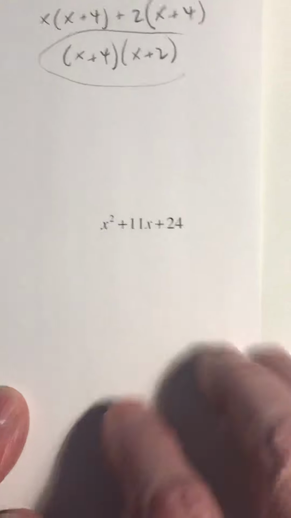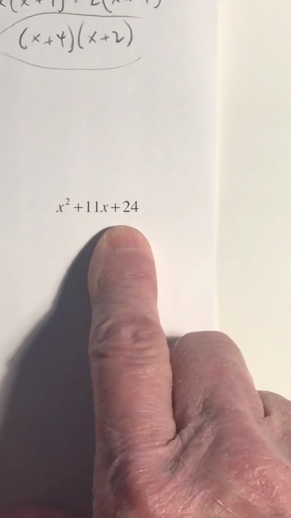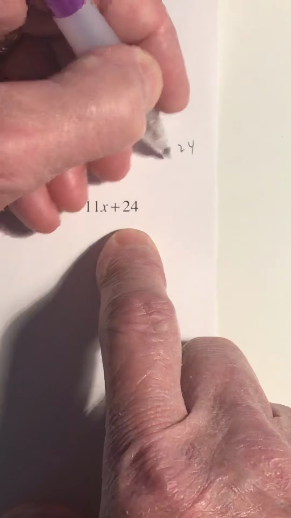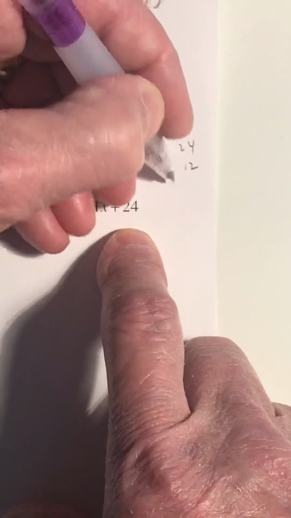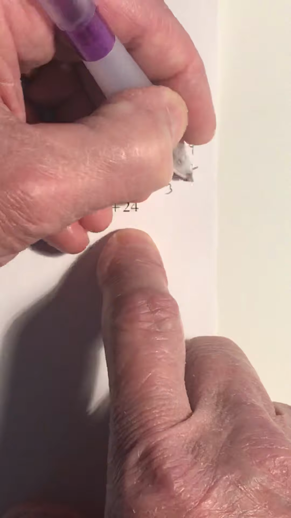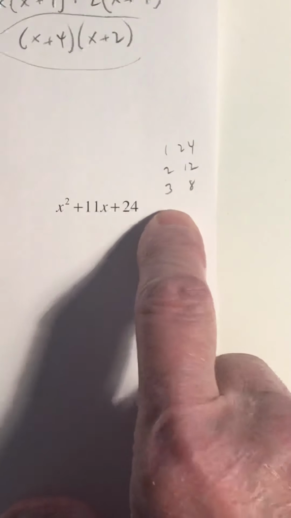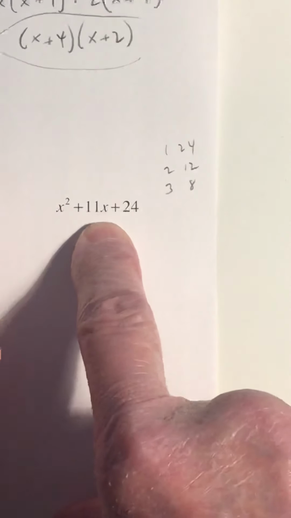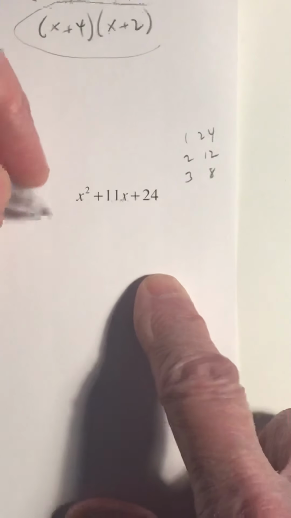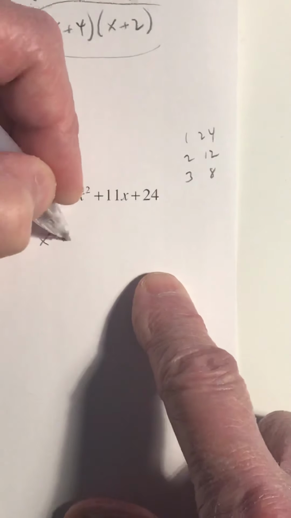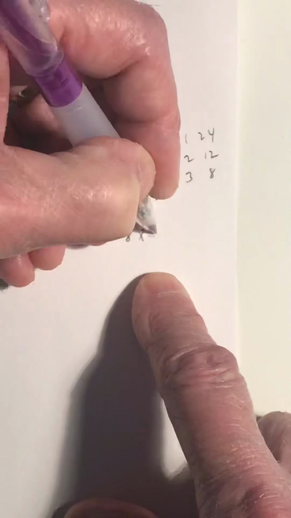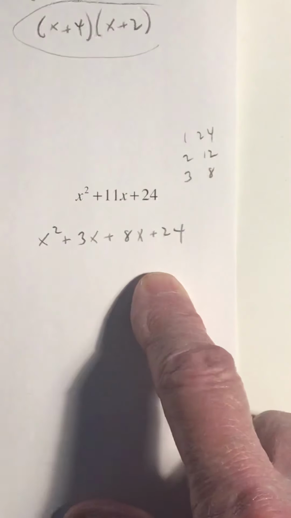Okay, on to the next one, 24. Now 24, that's got a lot of possibilities. There's 1 times 24, 2 times 12, 3 times 8. Why don't we stop right there? You know, I could have 4 times 6 and maybe a few more, but 3 and 8 add up to 11, so I'm going to stop right there. And I'm going to write x squared plus 3x plus 8x plus 24.